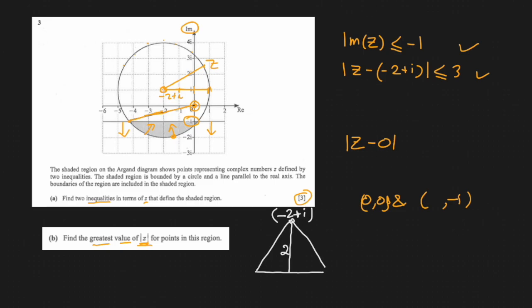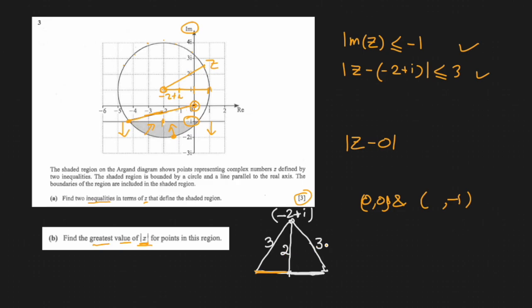We know this radius is 3 units. I can find this particular part, and similarly this part is also 3. If I find this length, I will subtract it from minus 2, and then use Pythagoras theorem.